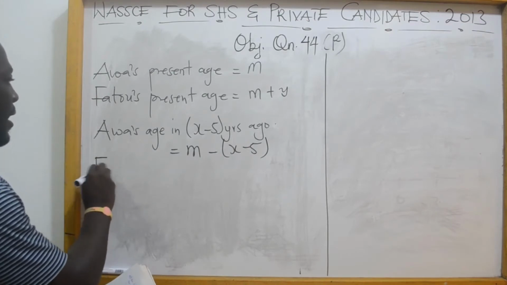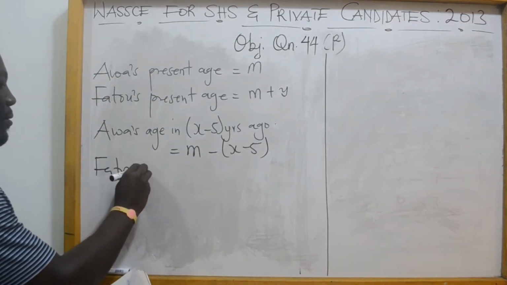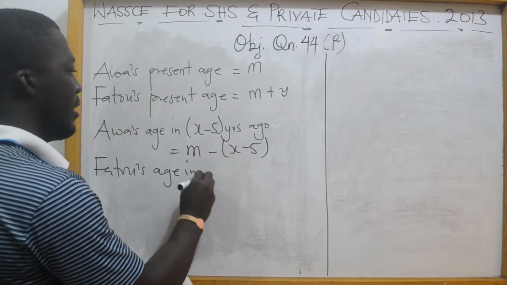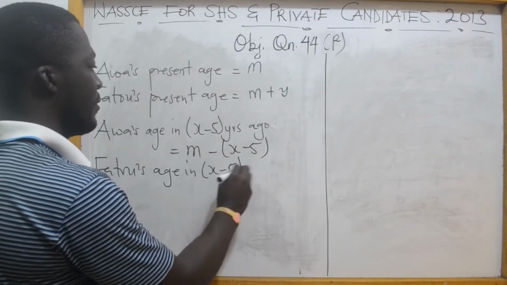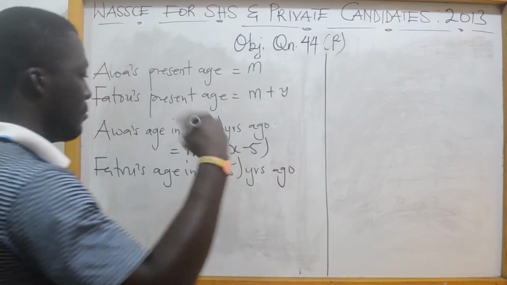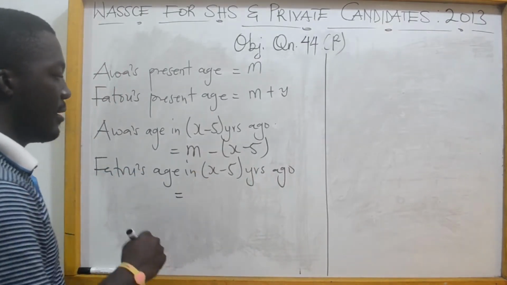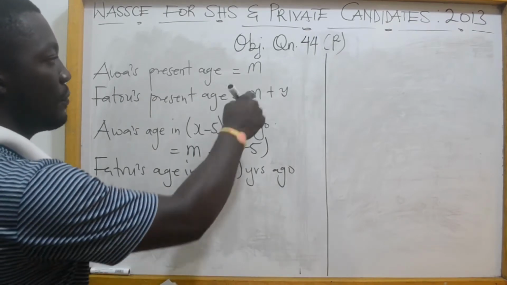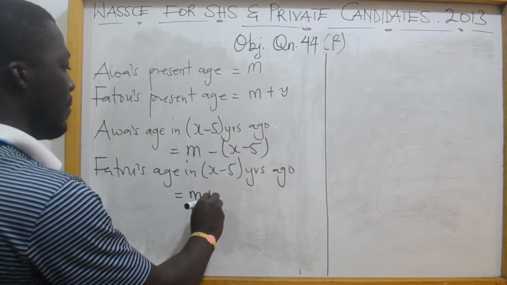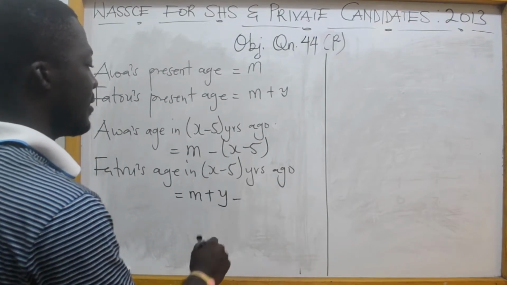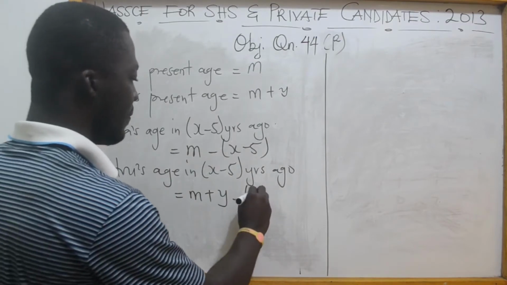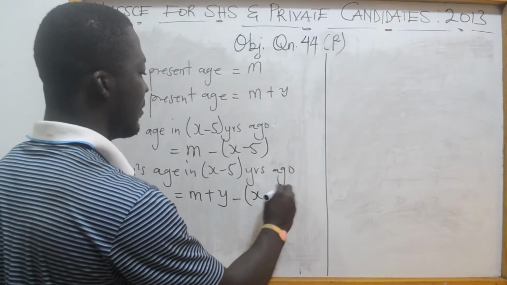And for Tau's age x minus 5 years ago, so some years past, is equal to his present age, which is m plus y, minus the years which are already past, x minus 5.